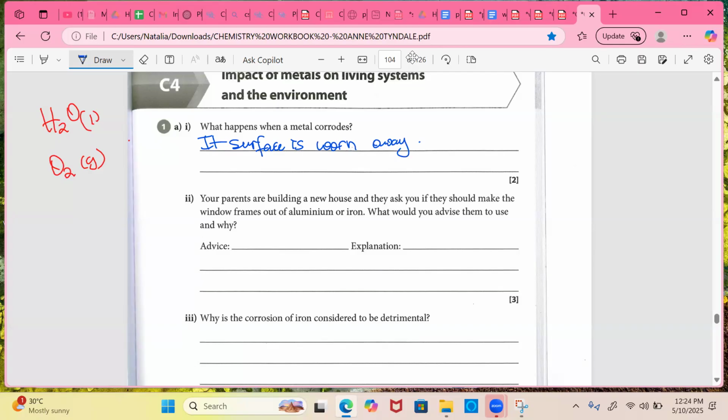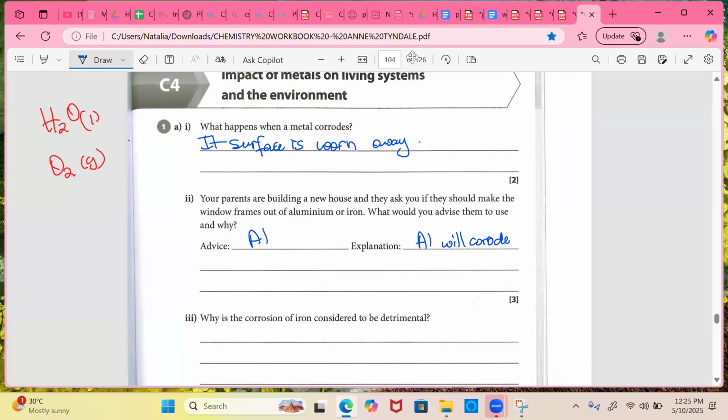Your parents are building a new house and they ask you if they should make the window frame out of aluminum or iron. What would you advise them and why? Aluminum. Why? Because the corrosion is beneficial.